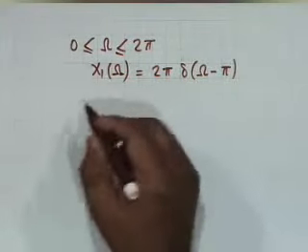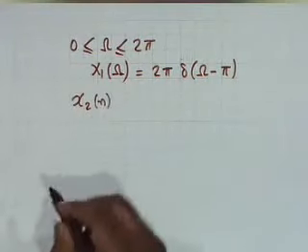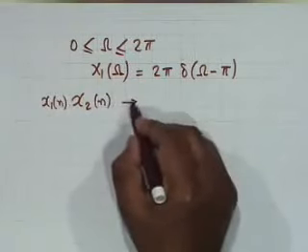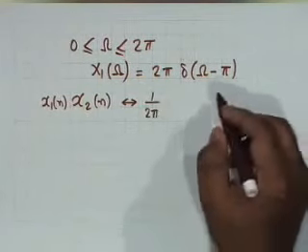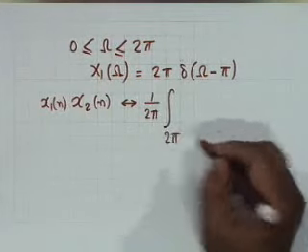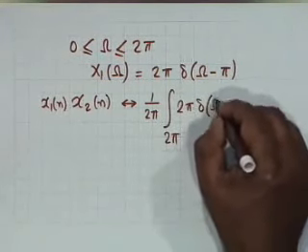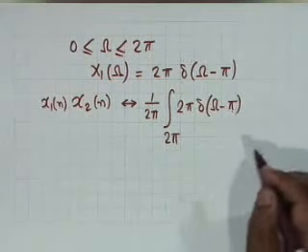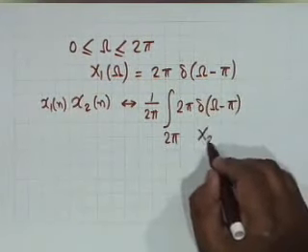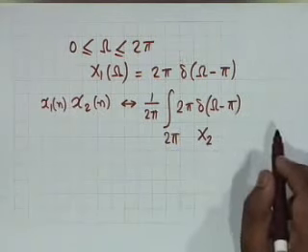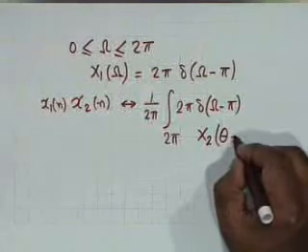Agreed? And so if we take an arbitrary x2 of n, then x1 of n multiplied by x2 of n shall go to 1 over 2 pi integral over 2 pi, all right, capital X1 of omega, that is 2 pi delta omega minus pi, multiplied by capital X2 of, yes, I am integrating with respect to omega, so capital X2 of, where is theta?